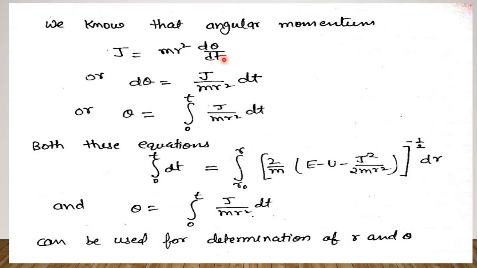So from this equation we have dθ equals j upon mr² dt, or we have θ equals the integral from 0 to t of j upon mr² dt. Both these equations, the equation of t and the equation of θ, can be used for determination of r and θ at a later time t, provided the nature of the central force is known.